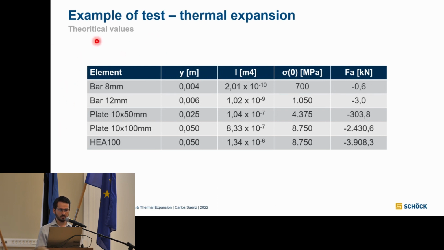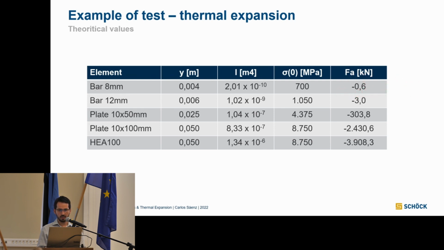These are theoretical values. I listed here, for example, bars of 8 and 12 millimeters, because those are the ones we can also use in our Isokorb. Also, we have plates here, 10 by 50 and 10 by 100, as an example, and a beam. If we compare the forces we get for a bar of 8 millimeters, it's not so much. The concrete can withstand this force.